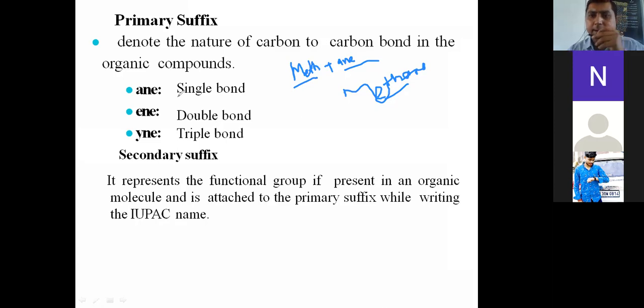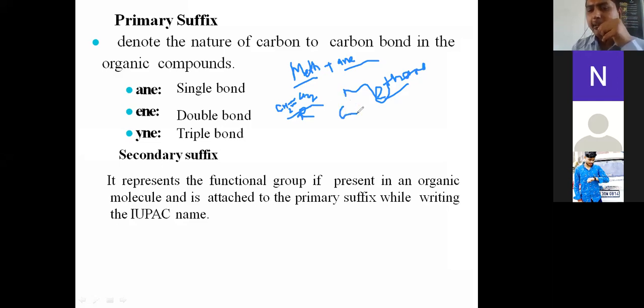I'm drawing one structure. Just a minute. Is the voice okay? Yes, sir. So what is this? Can you tell me what is this? Methane, sir. No, this compound. Ethane.